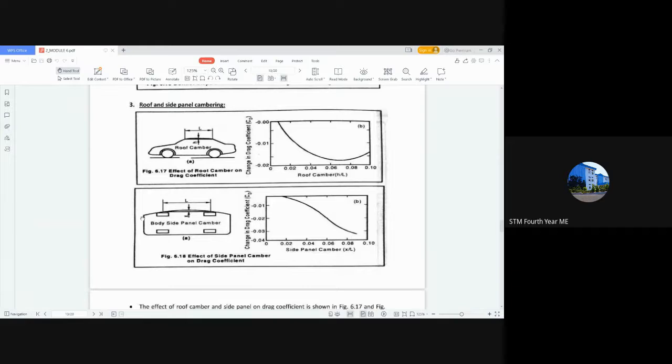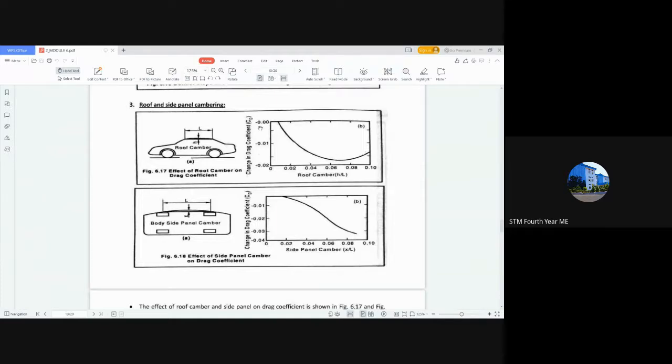And these both assist in reducing the coefficient of drag. You can see here the roof camber shown on the x-axis, and this is the change in coefficient of drag. You can see the drag reduces in the negative direction.